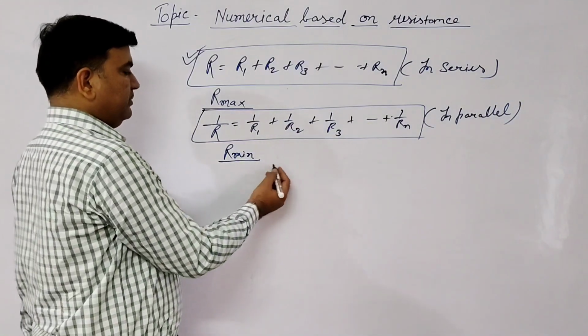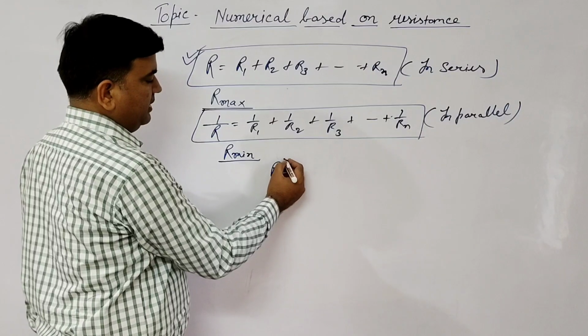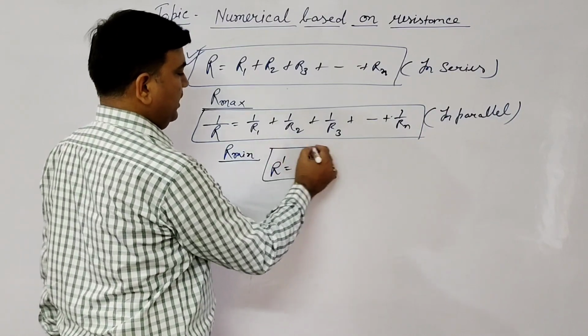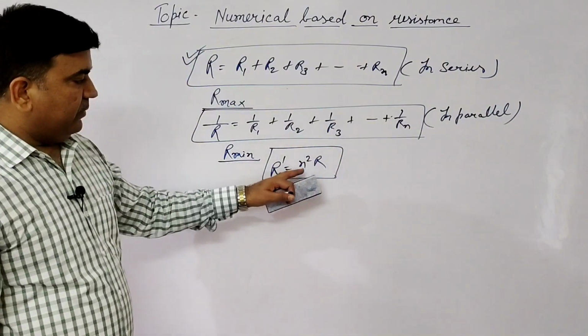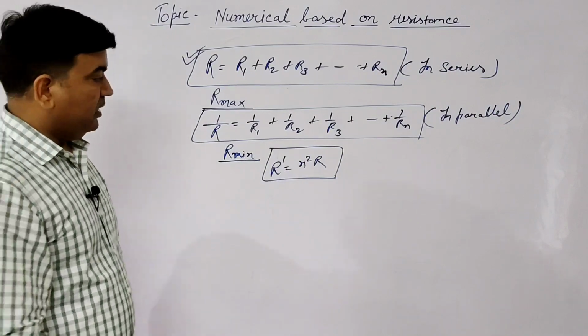And children, now we see here the resistance R dash equals n square R. Everyone remember this formula. Why do we use R dash equals n square R?